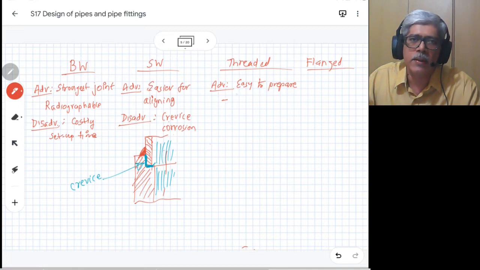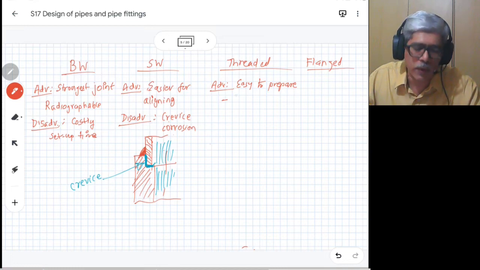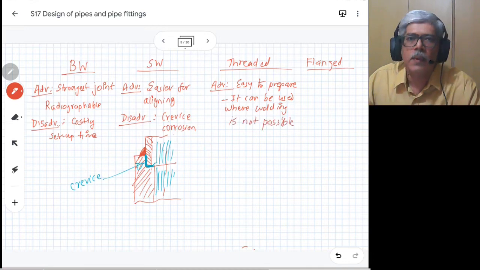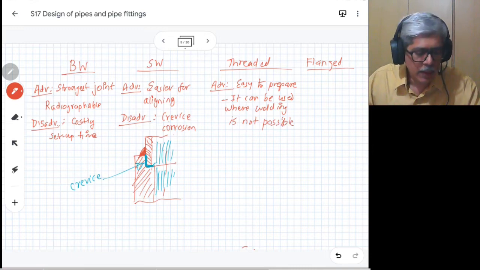So in such cases, threaded joint becomes a necessity rather than a choice. So it can be used where welding is not possible. So that is the advantage.